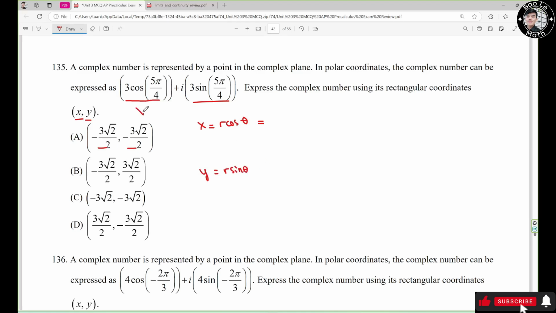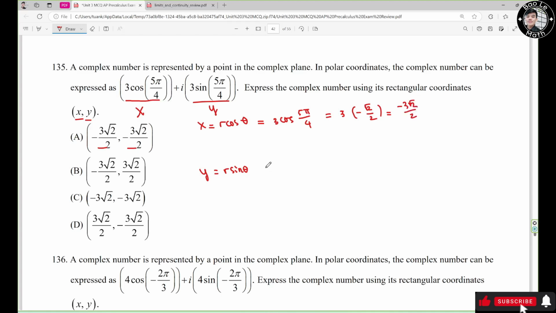Now this one means x, this one means y. So you have 3 cosine of 5 pi over 4. Alright, so it's going to be 3 times negative root 2 over 2. So it could be negative 3 root 2 over 2.